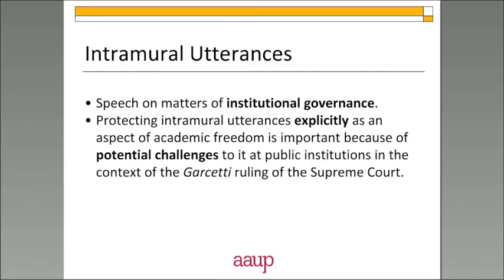On the one hand, speaking on matters of governance, as you can see here, is enumerated as an element of academic freedom.